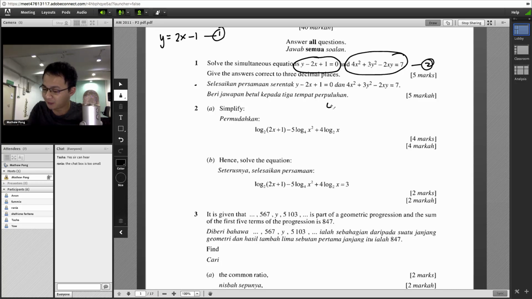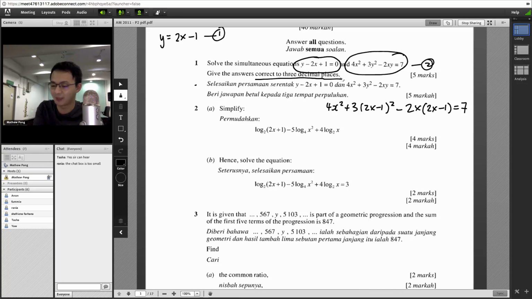So we will have 4x squared plus 3 times y, where y is 2x minus 1, squared, minus 2xy, where y is 2x minus 1, equals 7. Then you just solve this equation. Whenever the question asks you to correct to 3 decimal places, you know you will get decimals in the exam.